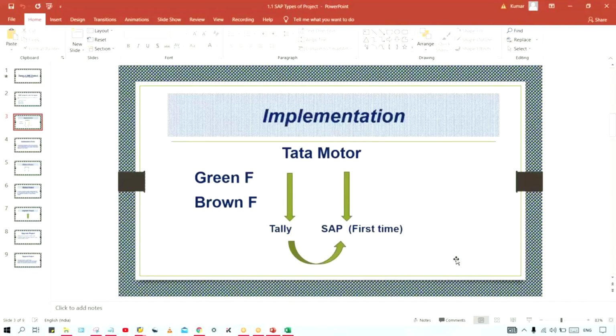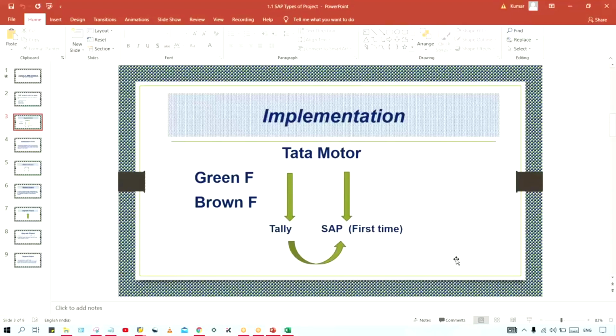Instead of Tally, SAP must be installed. Apart from this installation, guys, let's suppose after a few classes, once the theoretical sessions are completed, the SAP installation will take place in your laptop or desktop. SAP is going to be installed.